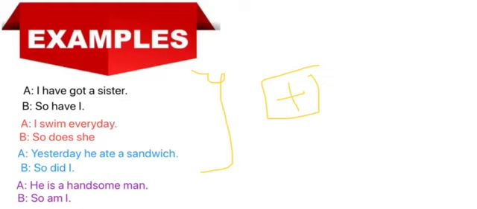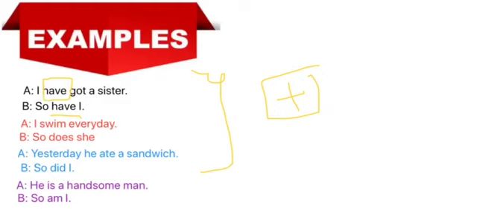So these are positive, affirmative statements, and we're going to use the word so always at the beginning of the agreeing statements because they are affirmative. I have got a sister, so because it's an affirmative statement, and then it's followed by the auxiliary verb have because it contains this auxiliary, and then the subject.